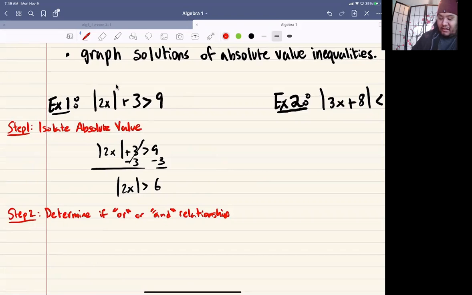The way we determine this, and I'm going to write this in green: if the inequality is eating the absolute value, you're going to get an "or".